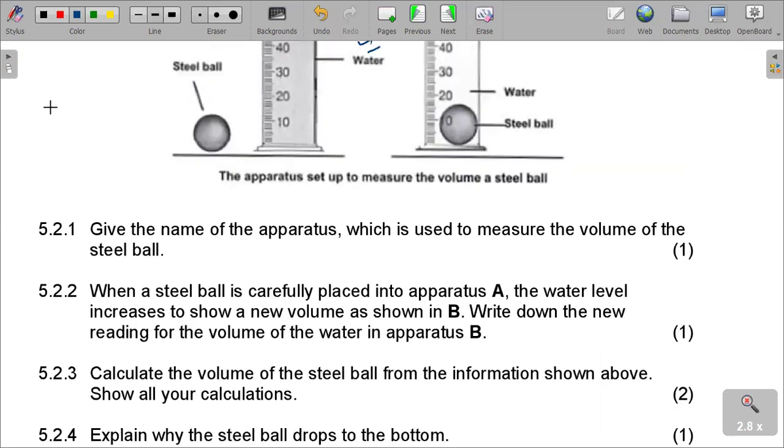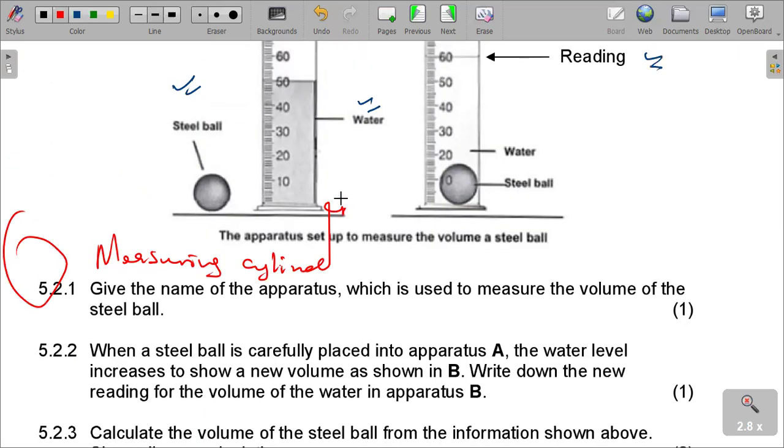To measure the volume of the steel ball, the apparatus that is used is the measuring cylinder. The measuring cylinder is the one that is used there.